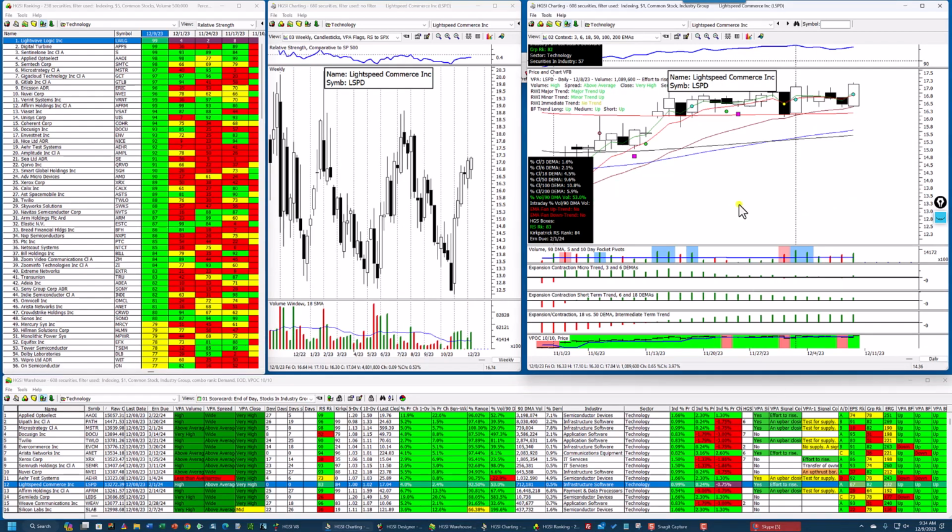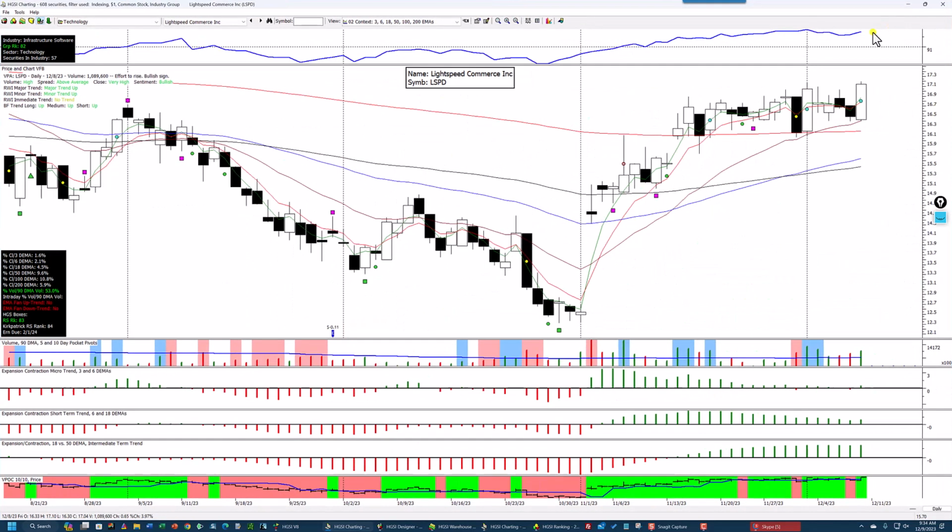So let's just bring it up here. Now you can see that it really is in the building a cause right now. Now it broke out on Friday with an effort to rise.